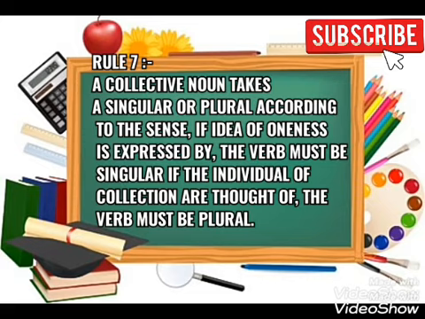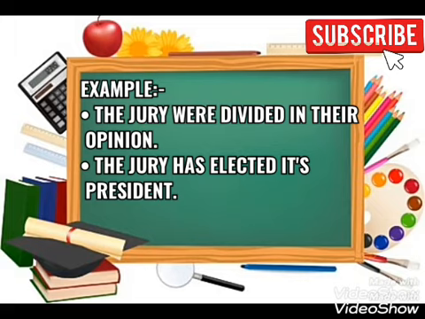A collective noun takes a singular or plural verb according to the sense. If the idea of oneness is expressed, the verb must be singular. If the individuals of the collection are thought of, the verb must be plural. The jury were divided in their opinion.